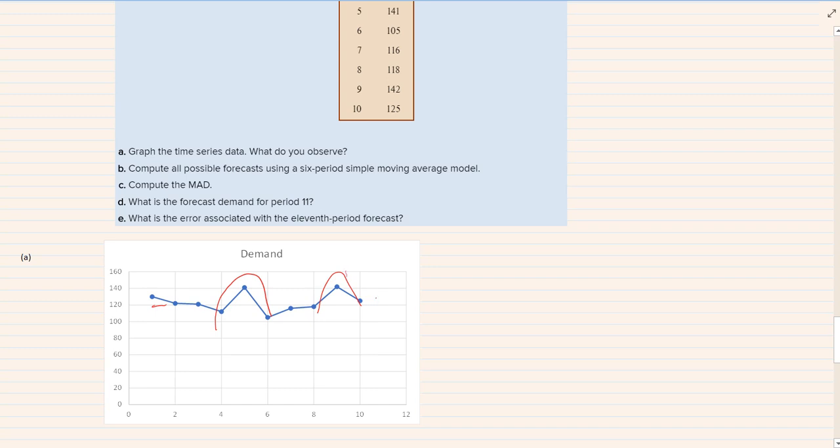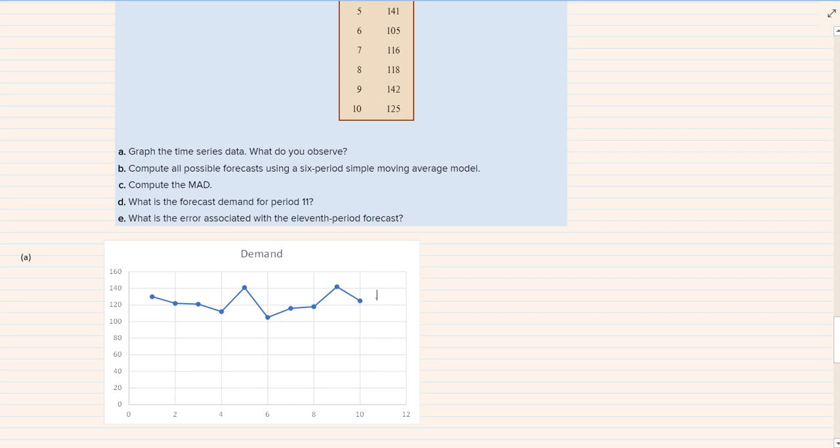I just want to point that out, because the question does mention what do you observe. So that's what I observe. The data does not exhibit a trend, so the series is stationary, and there is possibly seasonality. It looks like definitely seasonality in this data based on period 1 through 10.